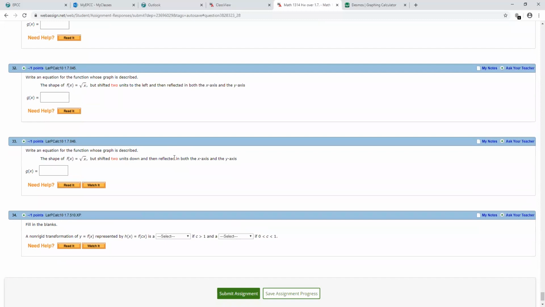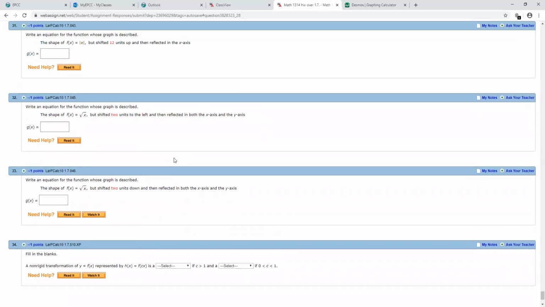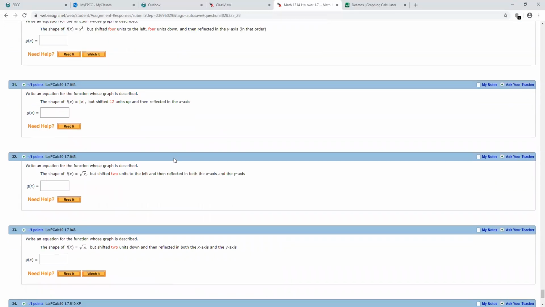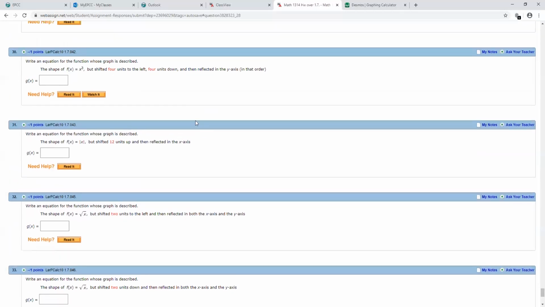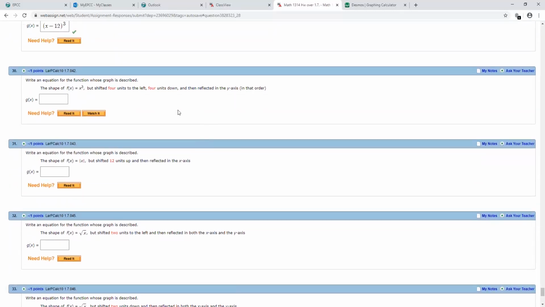Okay, let's try the next one. Megan, can you read number 31 for us? Oh wait, how about 30 first? Write an equation for the function whose graph is described.